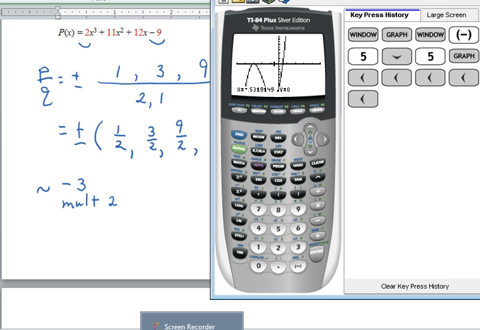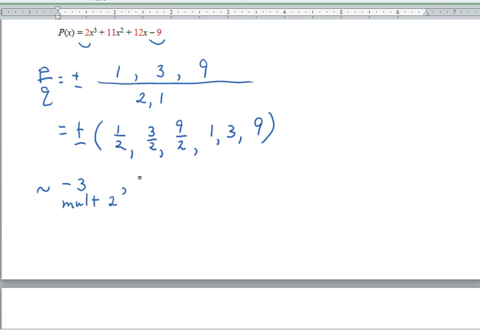So it's quite possibly positive a half, since that is the only number that we have in the list. And so let's confirm this by using synthetic division.